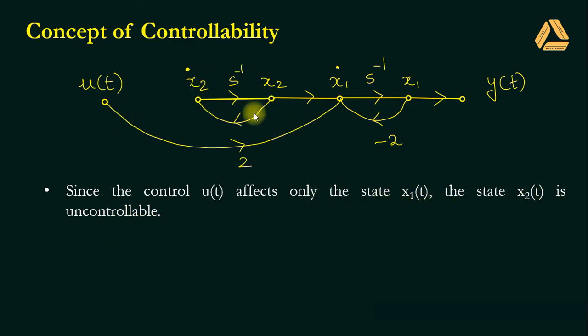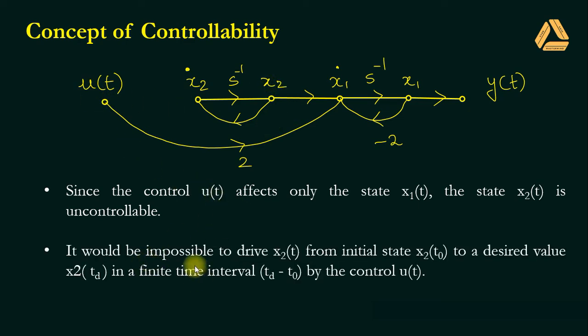You cannot control the state x2 with u of t. It would be impossible to drive x2 of t from the initial state x2 of t0 to the desired value x2 of td in a finite time interval. So the whole system is uncontrollable.